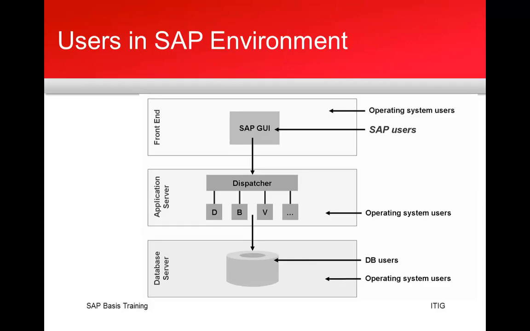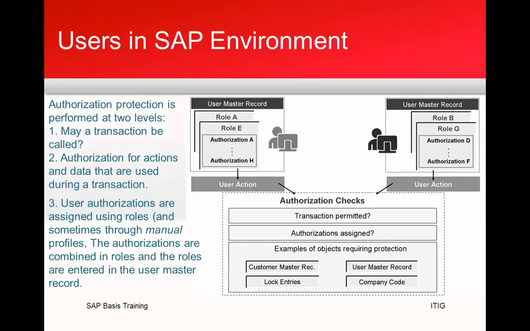Basically you have the dispatcher, background jobs, updates, logs. Then at the bottom you can see there is a database server where you have the database users. So these are the three layers of users that we come across in the SAP environment.